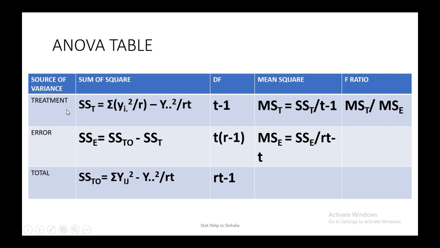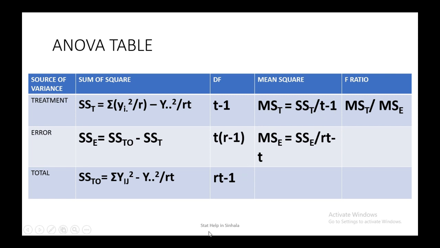In that case, for treatment, the sum of square can be calculated by using this equation. The degree of freedom for the treatment can be calculated by using this equation. If we have the sum of square treatment and the degree of freedom for the treatment, we can calculate the mean square treatment by using this equation.